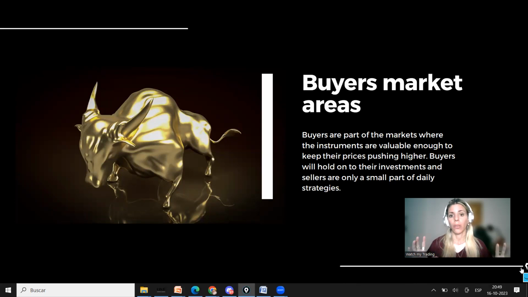So you have either the market trading with the euro into a buy market area or into a sell market area. It's not such a thing as a trend market. One year you can have the euro down, and the next you can have the euro up. So there's not a downtrend or uptrend.